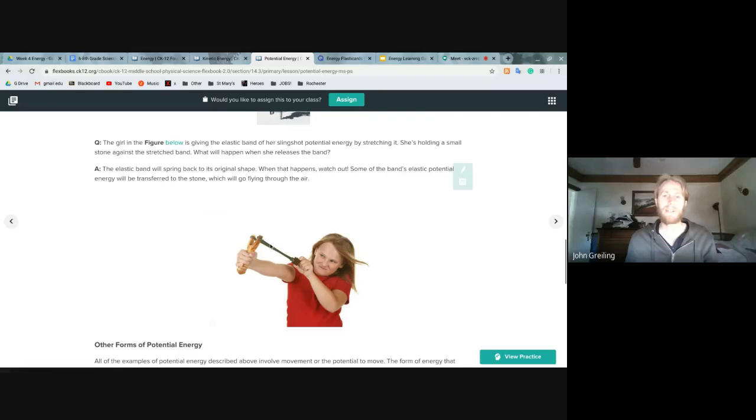This one down here, she's pulling back the rubber of a slingshot, and she has a ton of stored potential energy. So when she lets that go, the elastic band will spring back to its original shape, and that rock is going to go flying.